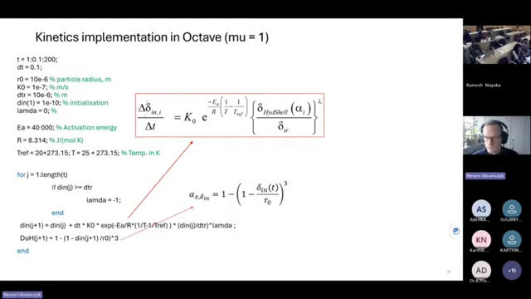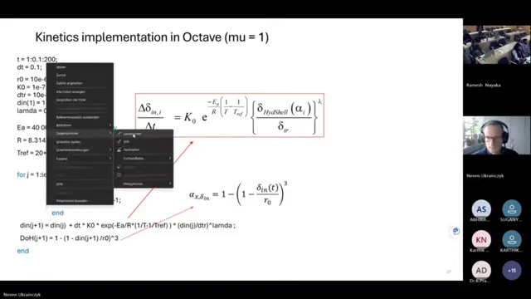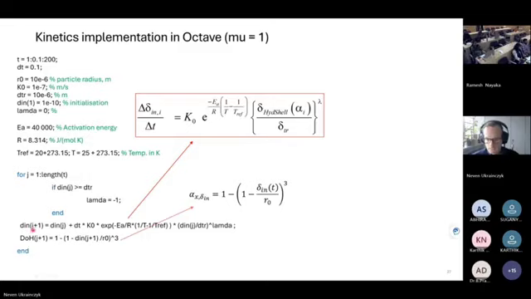This is also the ordinary differential equation, but it is already discretized. Then you can calculate the new depth as a function of the old one plus the delta t step times this function. And this is exactly what you implement here. So we have this function here.